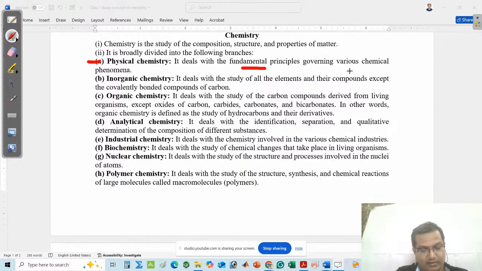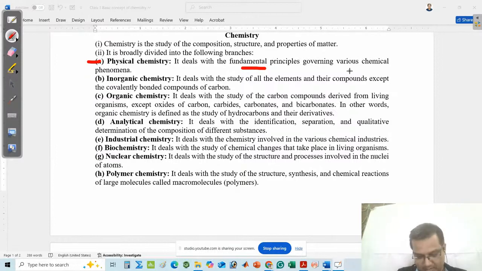In your plus two level, you deal with chapters like atomic structure, chemical thermodynamics, chemical kinetics, electrochemistry. These chapters generally belong to physical chemistry.